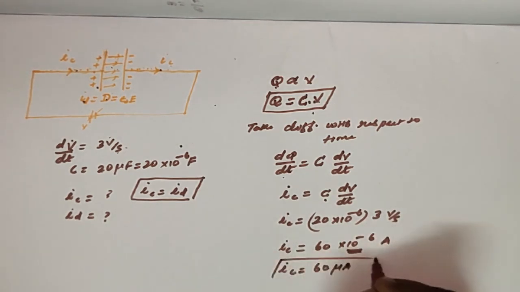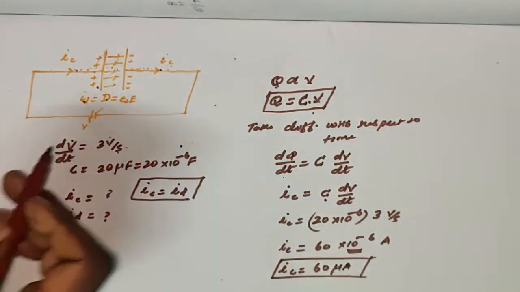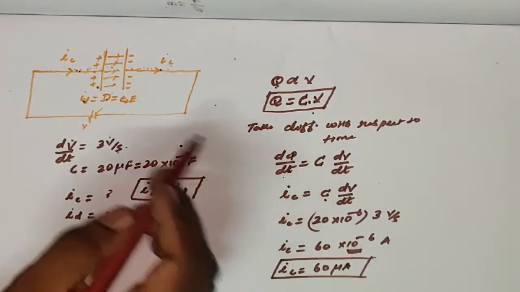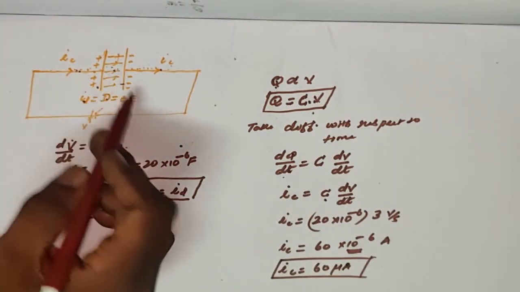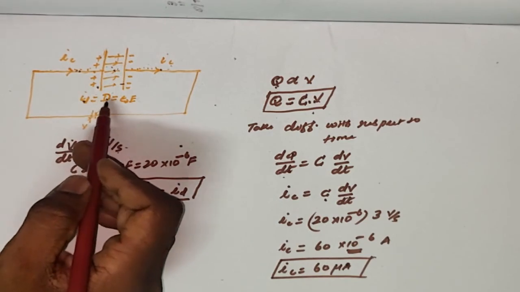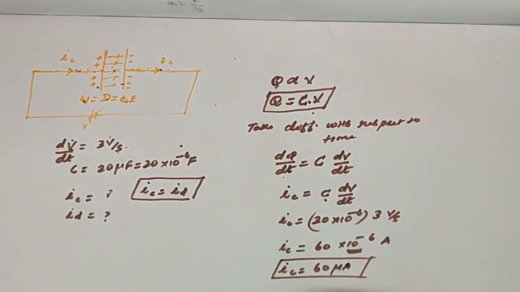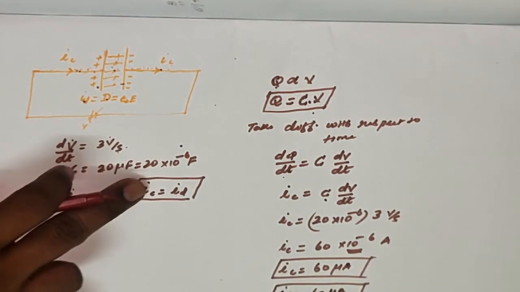So the conduction current, the amount of current passing through the wire, is 60 microampere. Then we can conclude the displacement current is also equal to 60 microampere, because both of them are equal. This is the conclusion for the given problem.